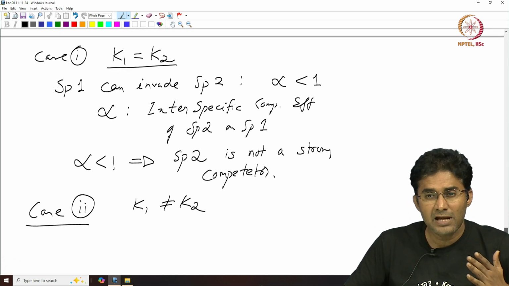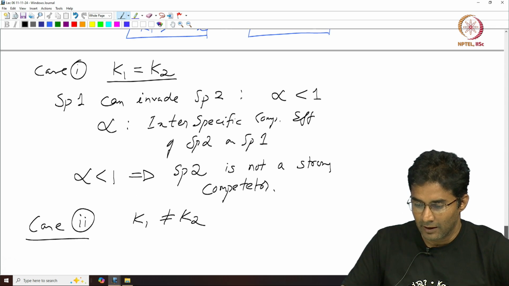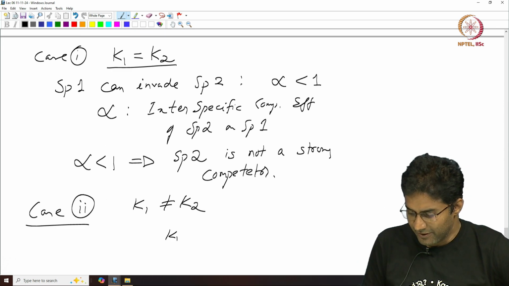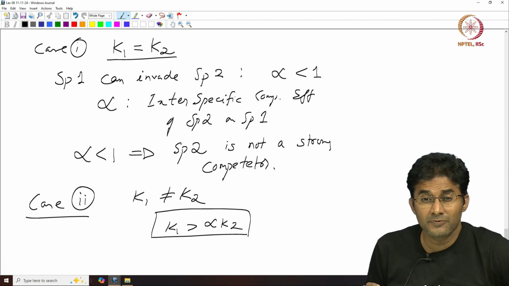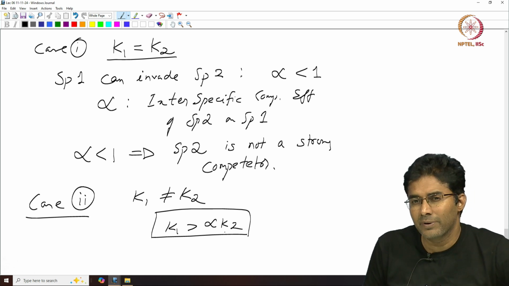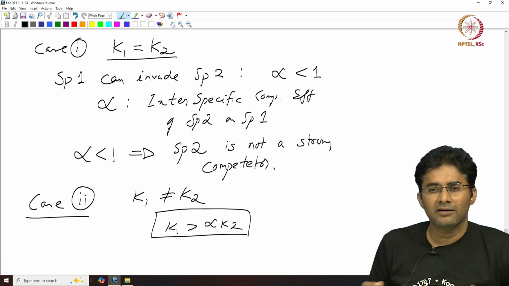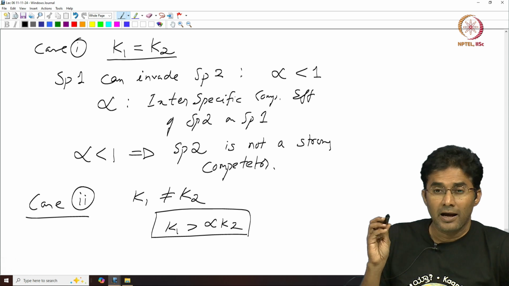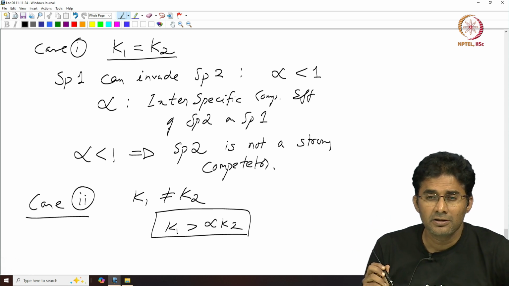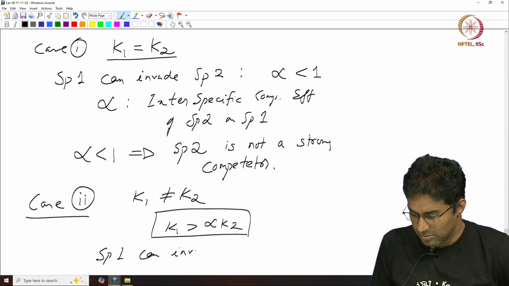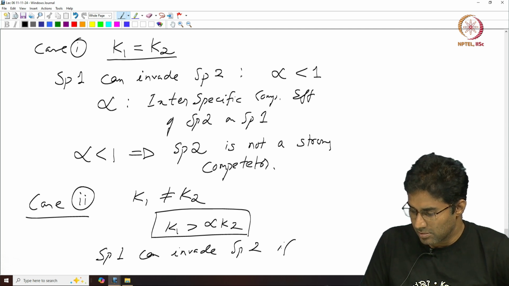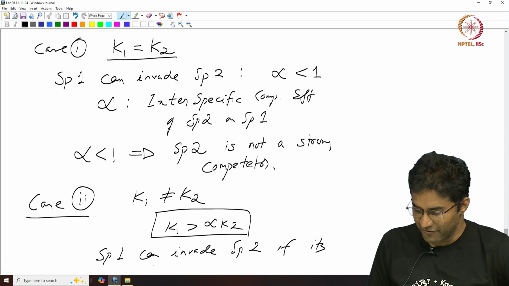In that case we actually have a more general condition, which is that K1 greater than alpha K2 is the most general condition, which basically means that as long as the carrying capacity of species 1 is larger than alpha K2, it does not matter how big alpha is, it does not matter how big K2 is, it does not matter how strong the competition from species 2 to species 1 is, as long as the carrying capacity K1 is really large, species 1 can invade species 2, if its carrying capacity is sufficiently large.